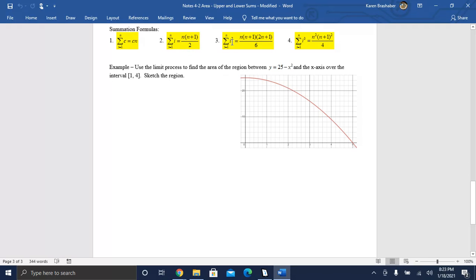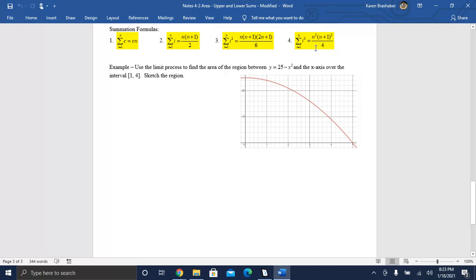Likewise, if your counter is squared, so 1 squared plus 2 squared plus 3 squared, and so on, all the way up to n, you can calculate that using this formula. And the same thing with your counter to the 3rd power, this formula.